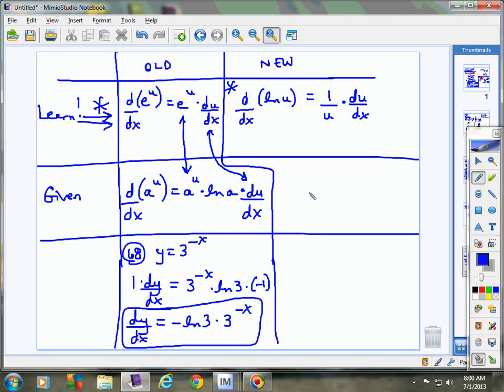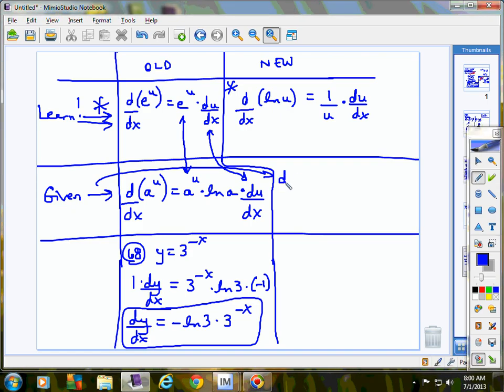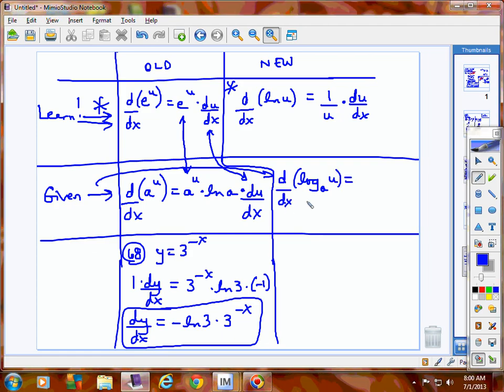All right, now then let's go over here to our next column, which is another given formula. Instead of ln of something, what if we have log? Derivative of log base a of u with respect to x. It might be a base 10. It might be a base 7. It might be a base 746.8.